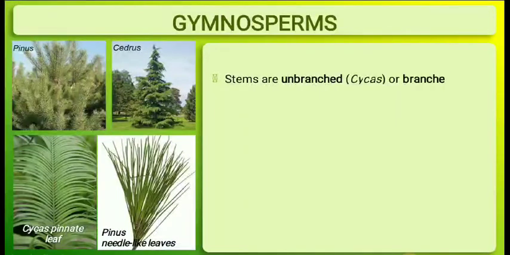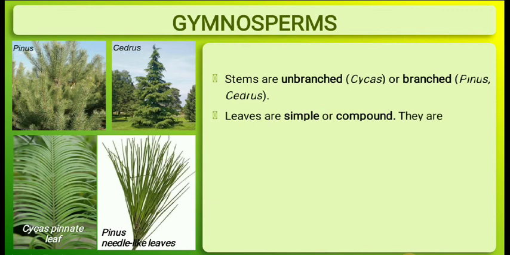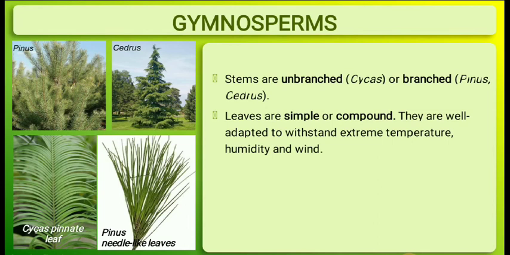The stem is unbranched in Cycas, but it is branched in Pinus. Leaves are simple or compound. They are well adapted to withstand extreme temperature, humidity and wind.